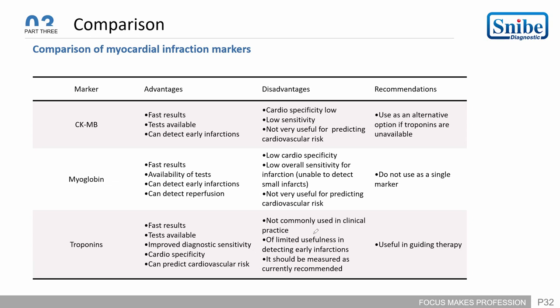It is commonly used in clinical practice, with limited usefulness in detecting early infarction. It should be measured as currently recommended. So this is about the markers of cardiac advantages, disadvantages, and the recommendation from these guidelines.